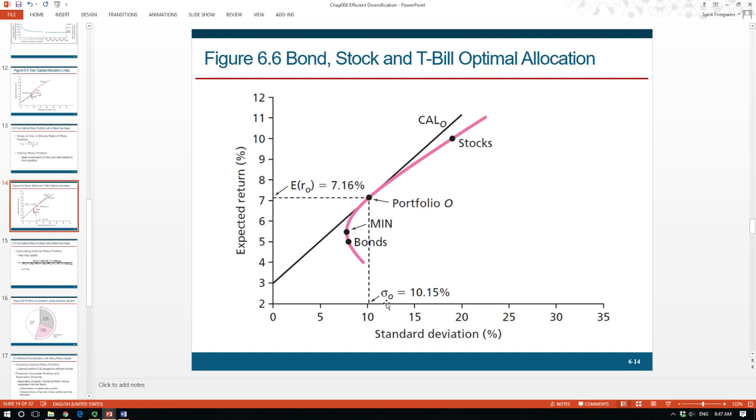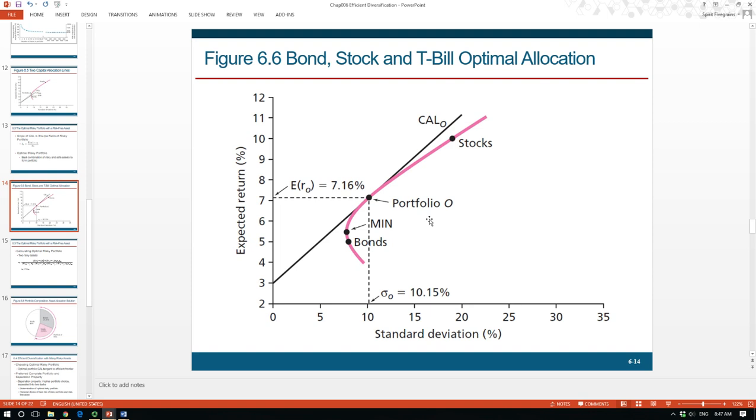And the second choice the investor needs to make is the combination between the risk-free asset and the optimal risky portfolio. How do we make the decision? Well, there are many decisions you can make, depending on your risk preferences. If you prefer to bear more risk, then you allocate more money in the optimal risky portfolio.